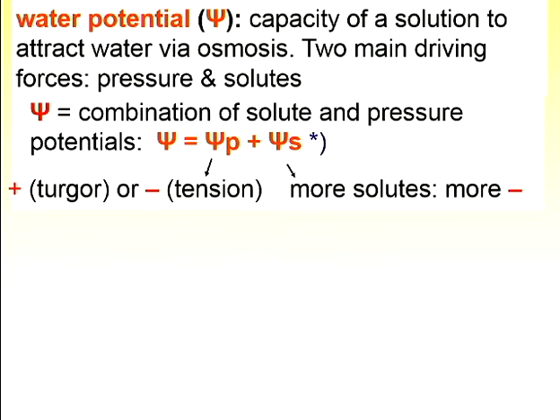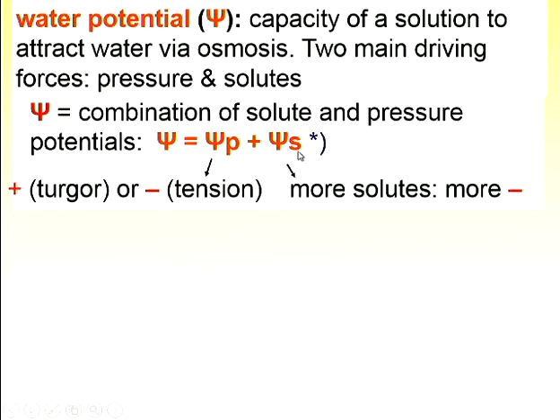And there are these two main driving forces, the pressure and the solutes. If you add them up, the sum of those two, then you get the overall water potential. And we'll see some examples to make it clearer. But just to reiterate, we have a certain place in a plant or anywhere else, it can also be a solution, that has a certain solute concentration.